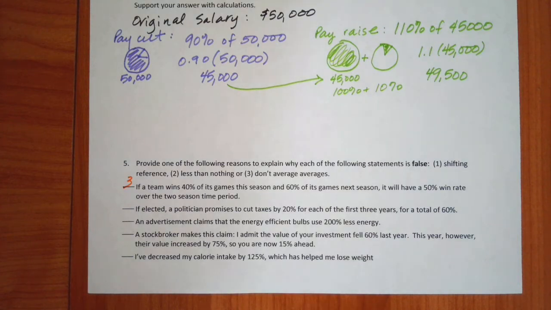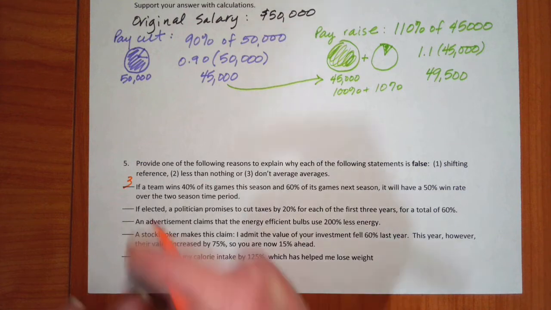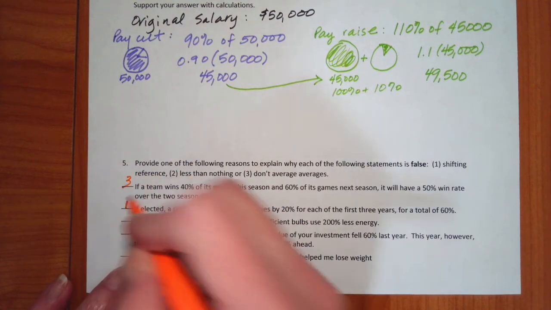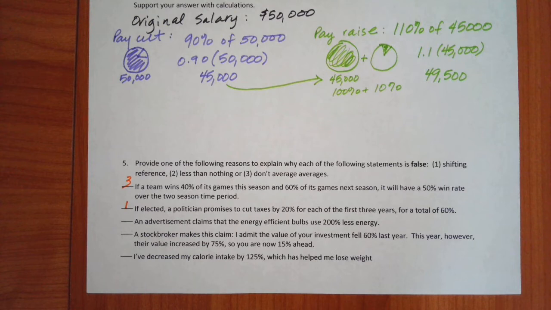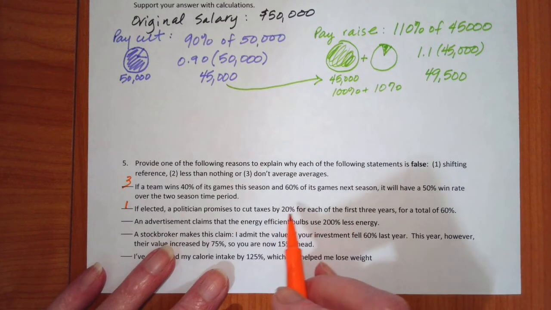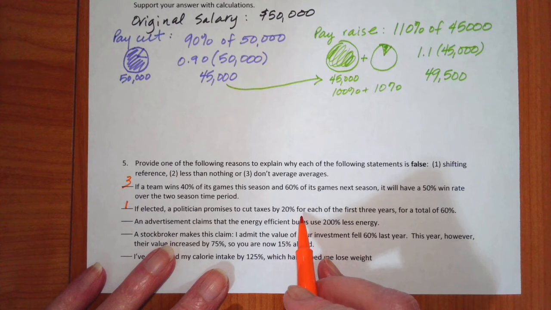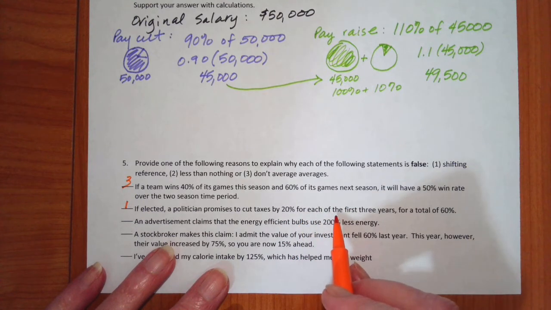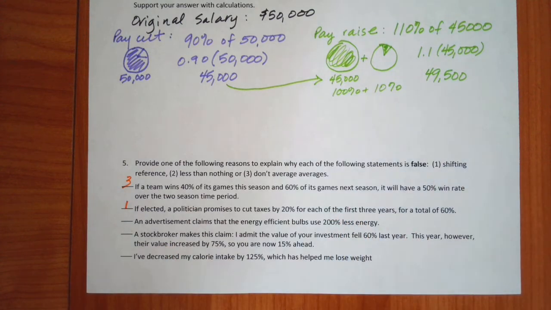If elected, a politician promises to cut taxes by 20% for each of the first 3 years for a total of 60%. Well, that's going to be a shifting reference value. Because you're going to take 20% off of the original, but then your reference value becomes the reduced price, and so on and so forth.